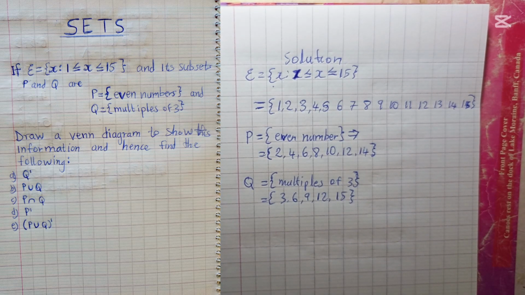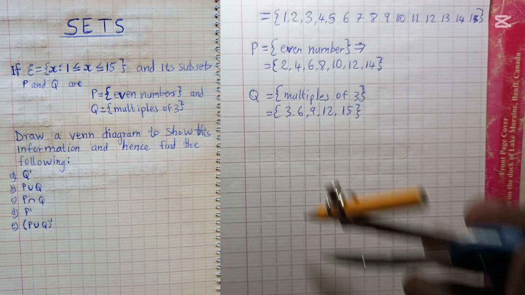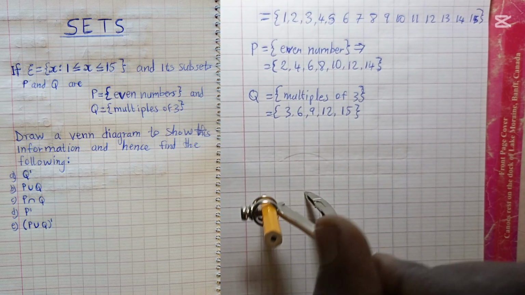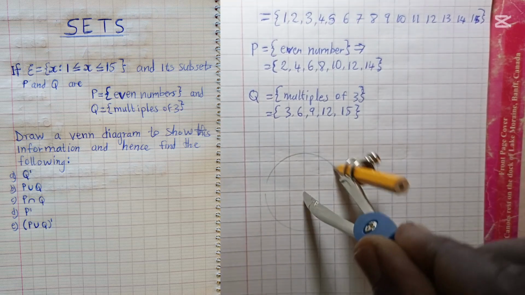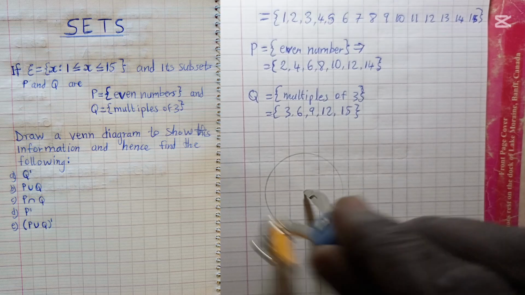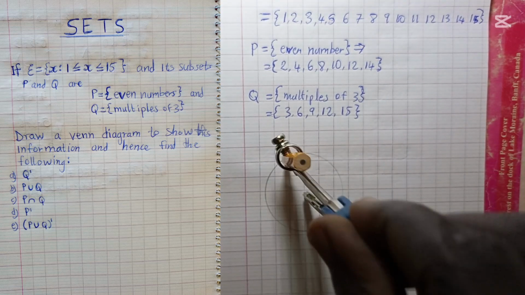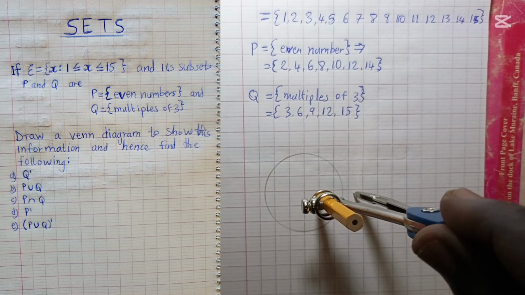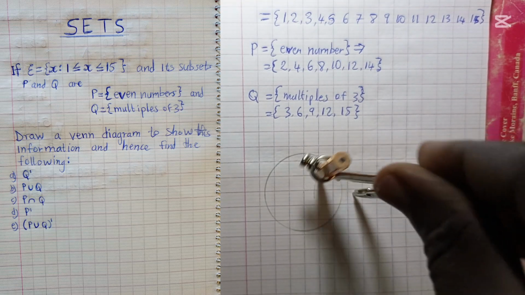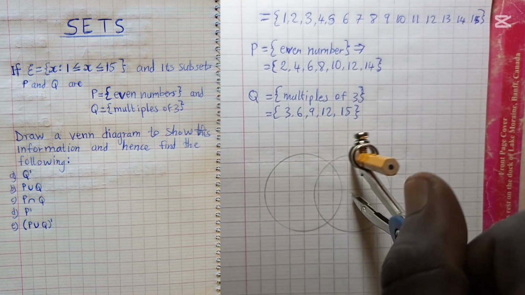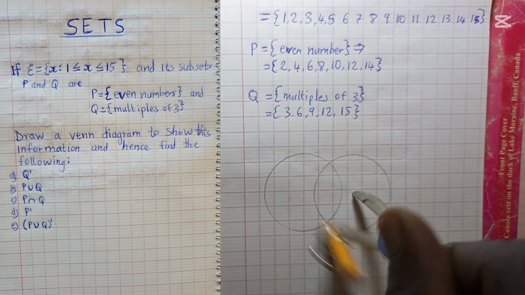So I will draw a circle like this, and then I'll also draw another circle that will overlap on the first circle.